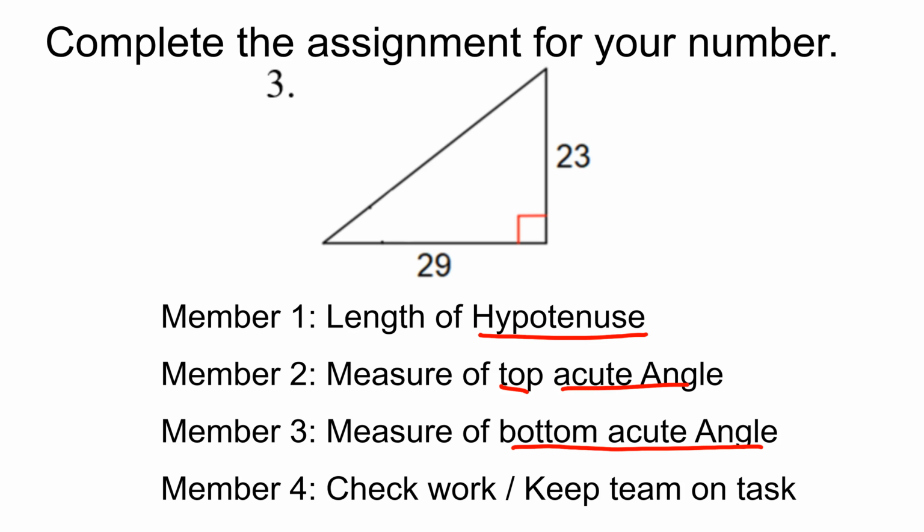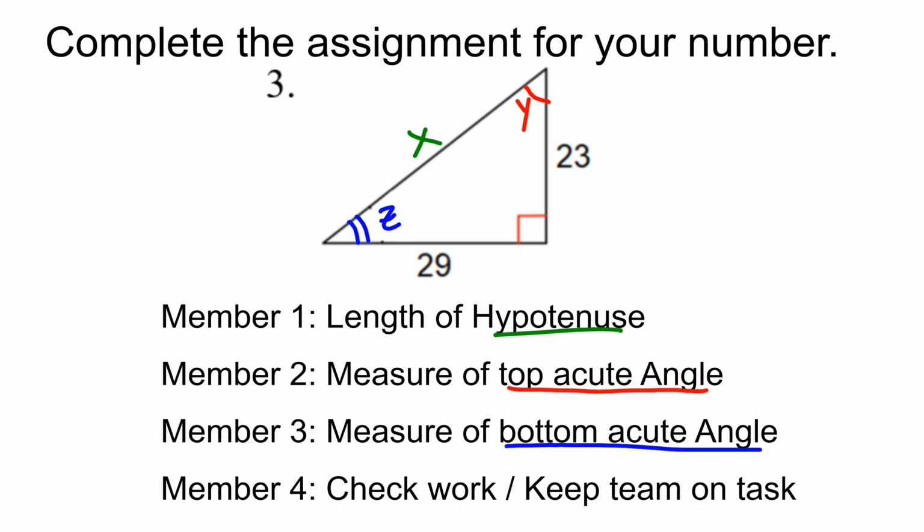And then what we're going to do is each member of the team is going to solve for a certain piece of the triangle. So first off, team member number 1 is going to solve for the hypotenuse of the triangle. Team member number 2 is going to solve for the top acute angle. And then finally, team member 3 is going to solve for the bottom acute angle.